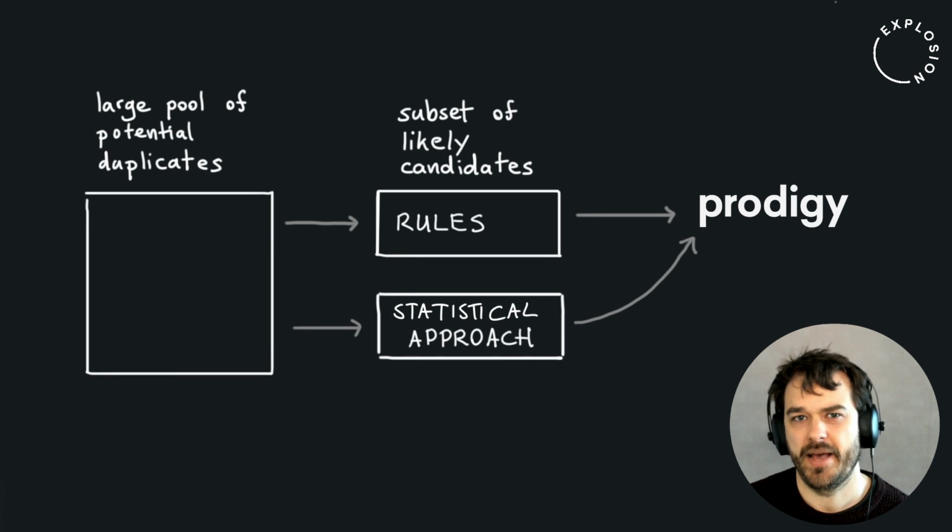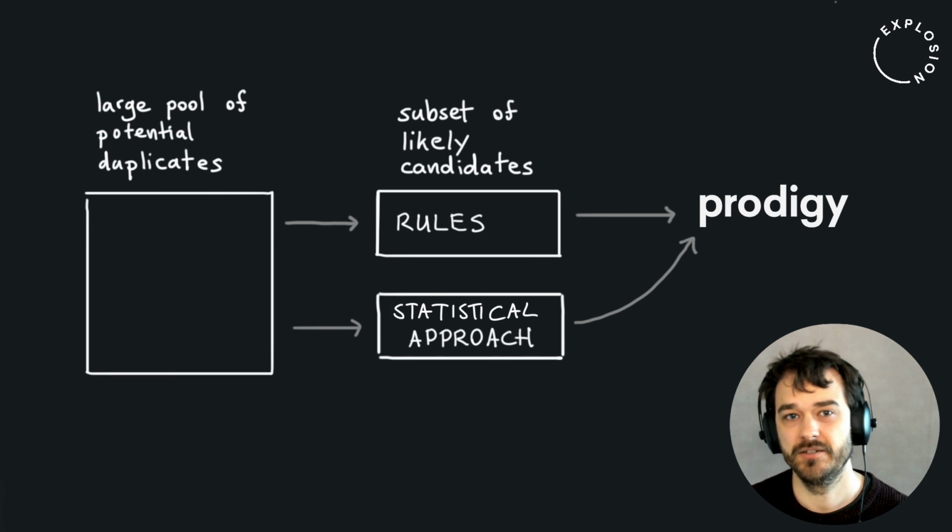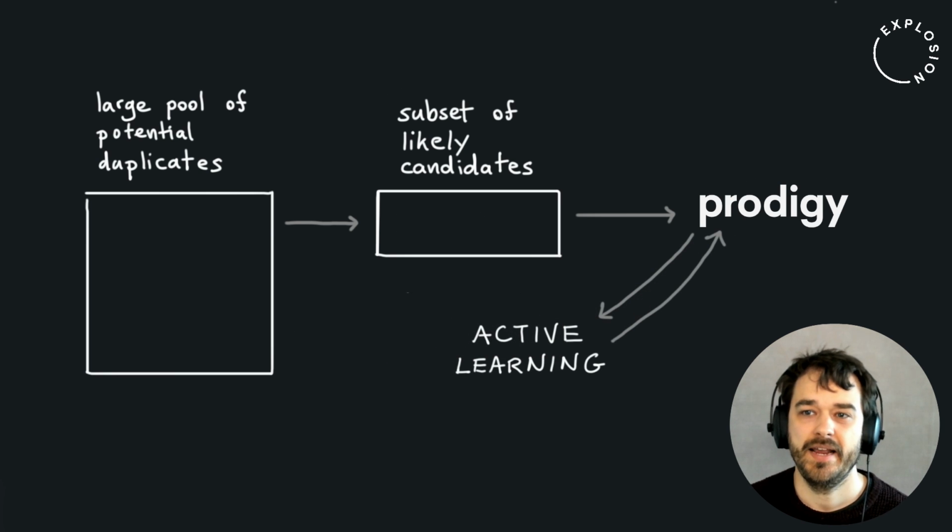What's also good to keep in the back of our minds is that given enough examples and labels of duplicates and non-duplicates, we might also consider an active learning approach, which is a feature of Prodigy. We might be able to train a machine learning algorithm that can detect whether or not two items are duplicates, and we can train such an algorithm as we are labeling. This approach might also allow us to find examples that the rule-based system cannot detect, and we can also use this machine learning algorithm to sort the pairs of candidates that we should look at first.